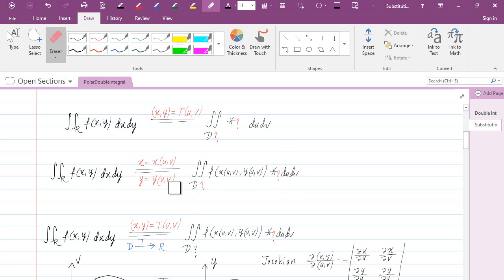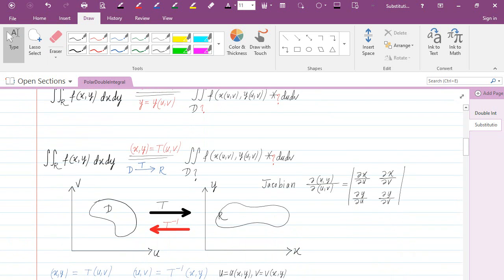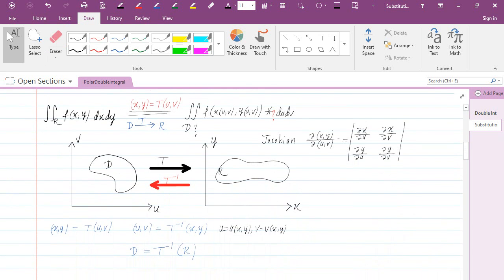And then we need to also figure out what is the new region of integration. Well, so again, we are changing variables from x y to u v, and we need to know what is the new region of integration, and what would be the extra factor in our integrand.